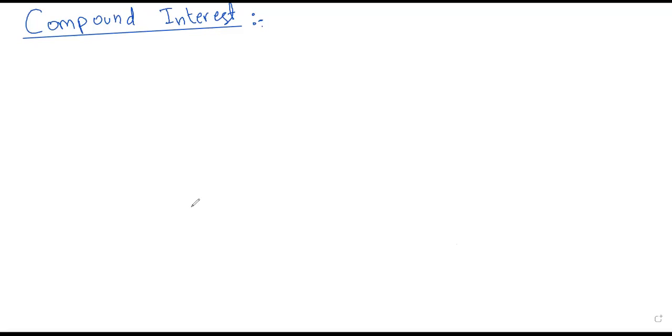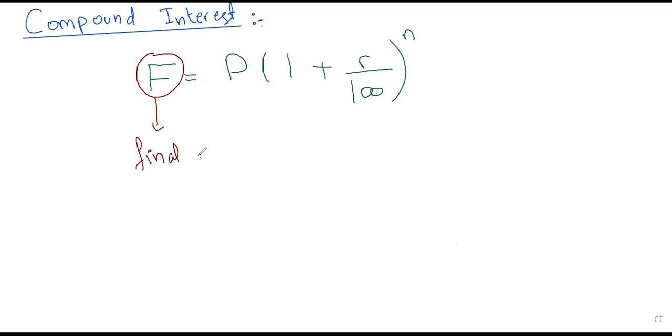I will write down that formula initially. So it is F equals P(1 plus R by 100) to the power N. So what is F? F is the final amount. P is the initial amount.